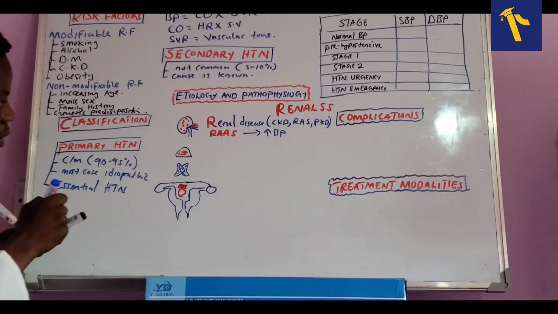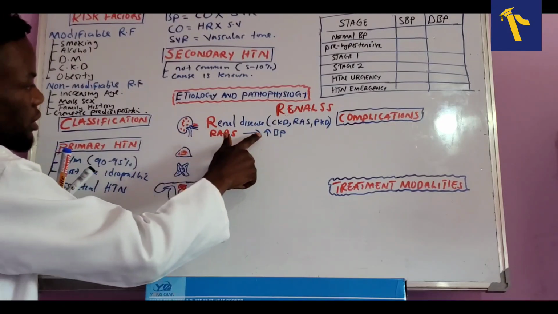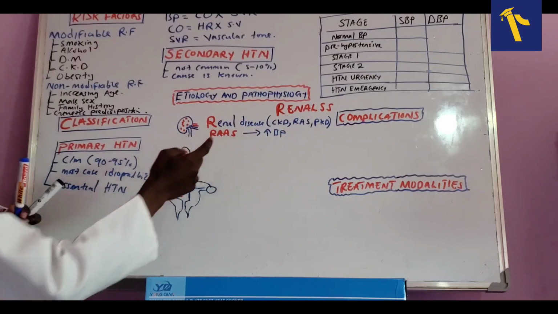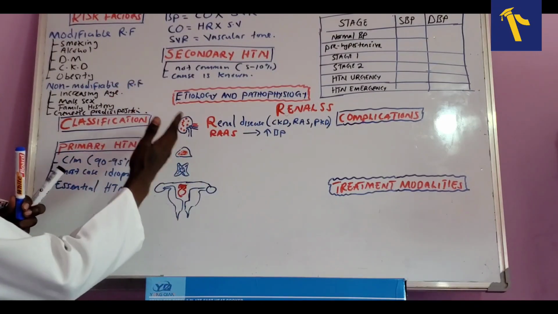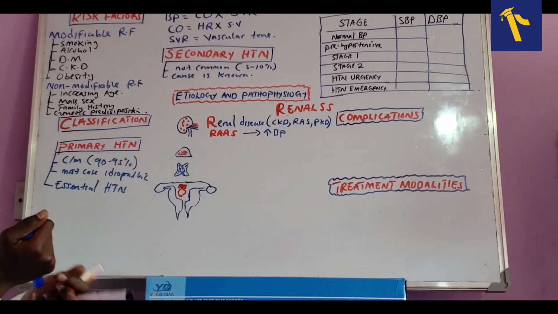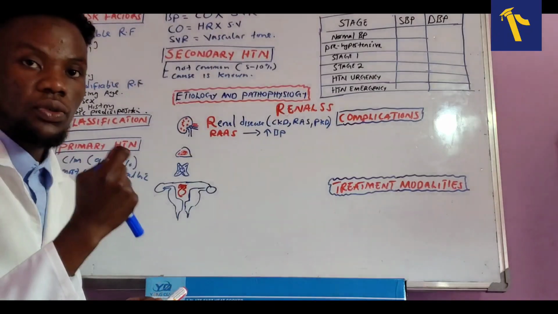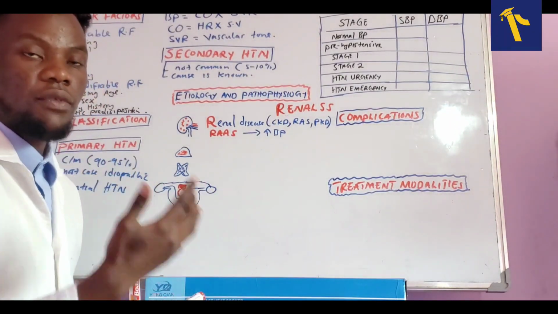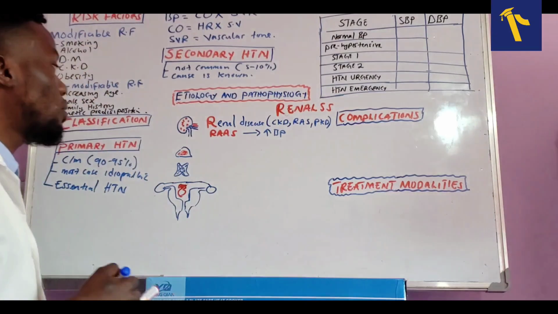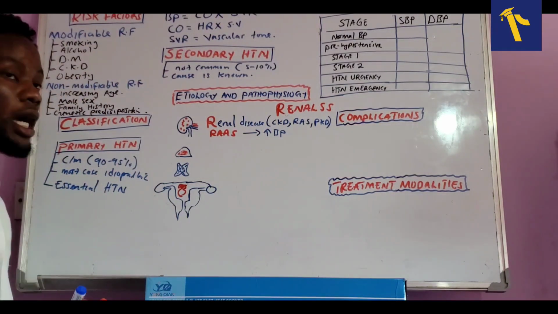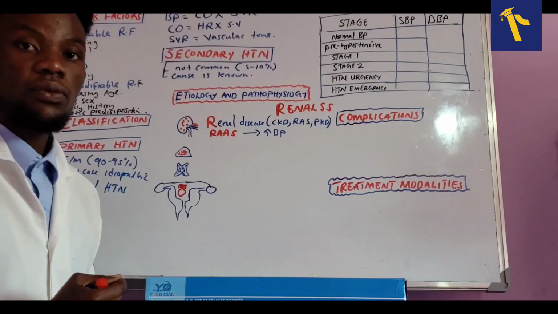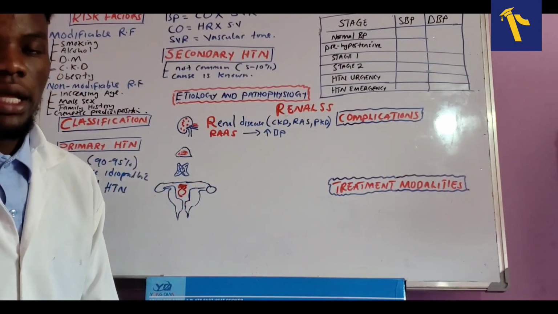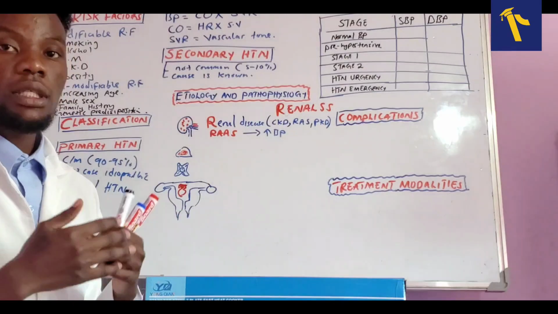Just know that if someone has a renal disease such as this, they're going to activate the RAS system. Remember the RAS system from basic physiology: renin is produced by the kidneys, due to maybe decreasing GFR. Then that renin is going to convert angiotensinogen into angiotensin 1, and angiotensin 1 will be converted into angiotensin 2 by angiotensin converting enzyme.